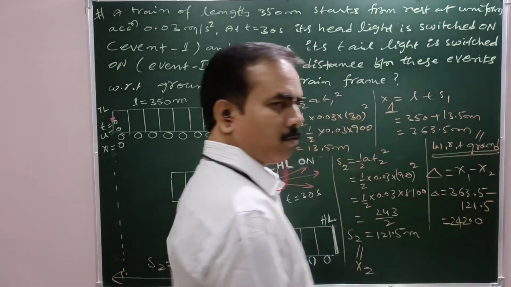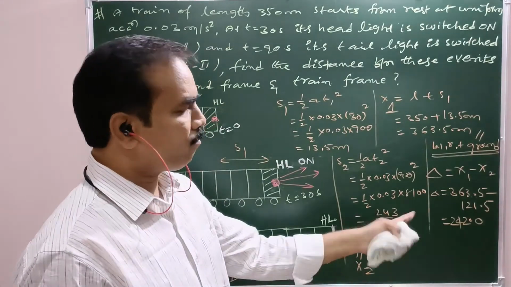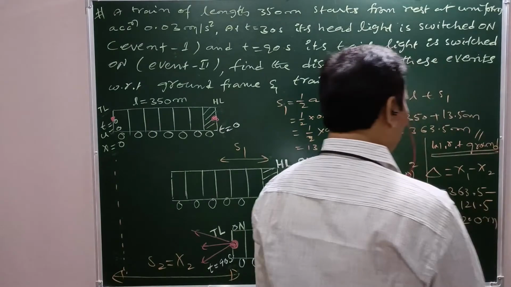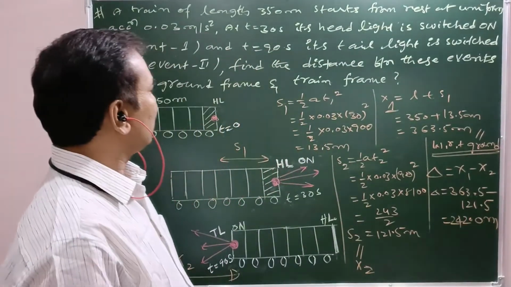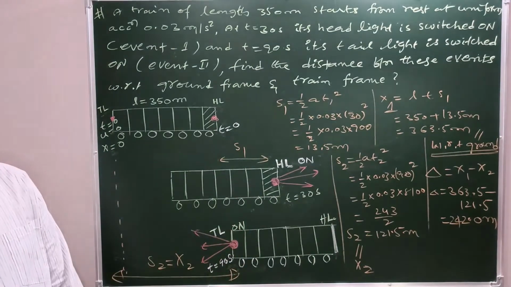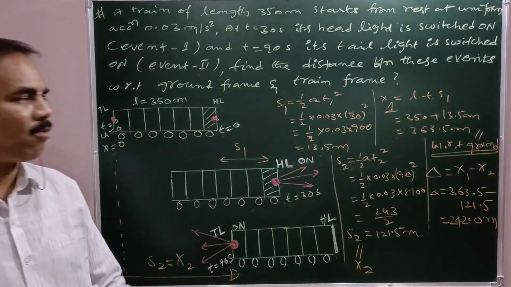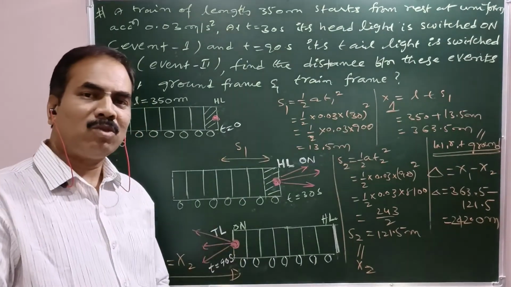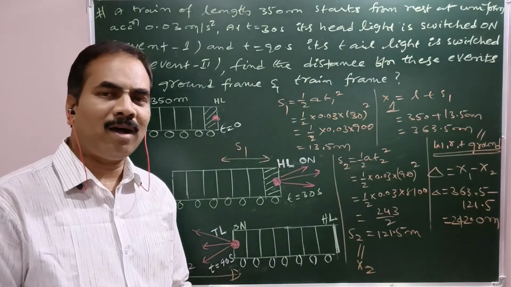That is 242.0. That is 242 meters. This is the separation between these two events with respect to the ground frame. Am I right? The difference in position coordinates of headlight and tail light when both come into on condition.